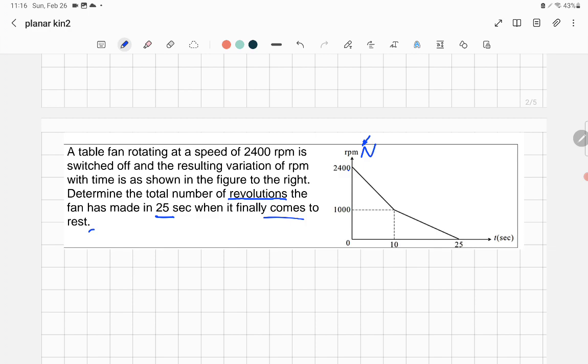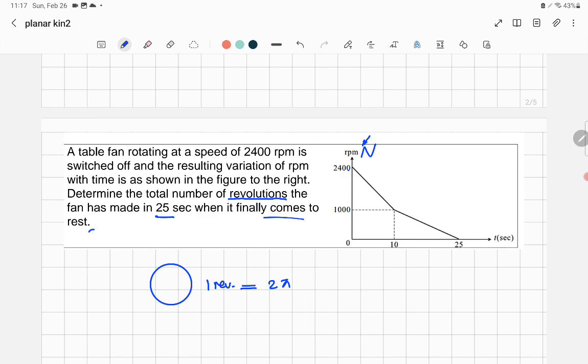What does revolutions per minute mean? It means that in 1 minute, for example, 2400 means making 2400 revolutions. A revolution is making one turn. So one revolution is equal, as we said before, to 2 pi. If you have 10 revolutions, you multiply by 2 pi and you get the angle. So multiplying the number of revolutions by 2 pi gives the angle theta itself.